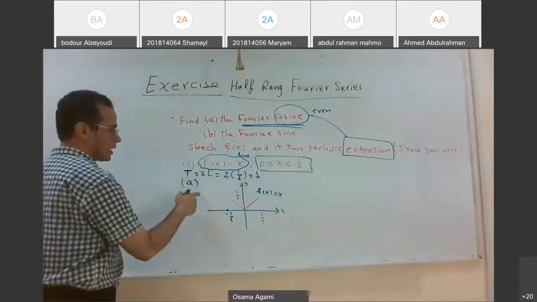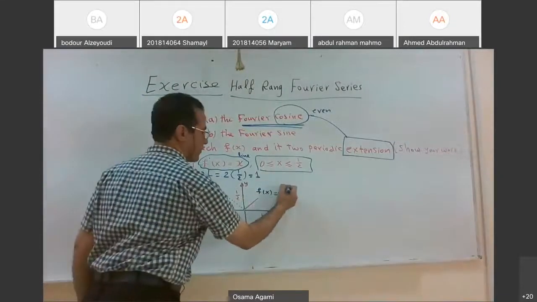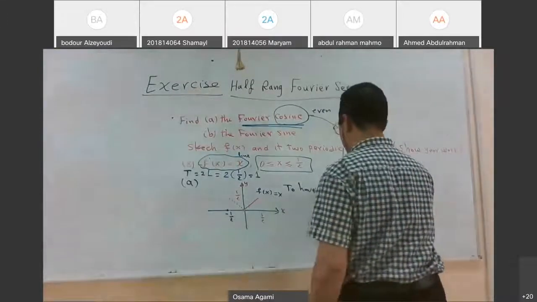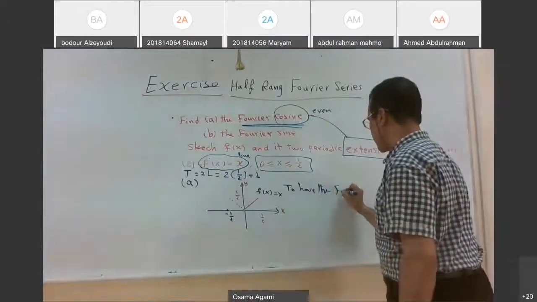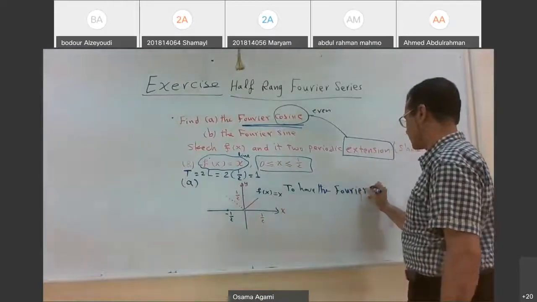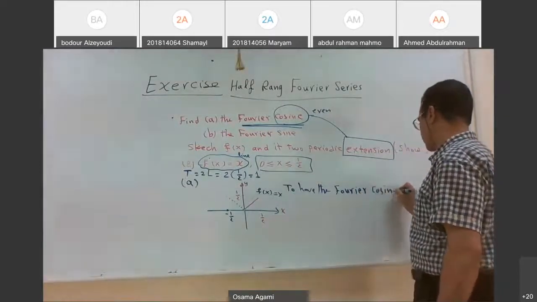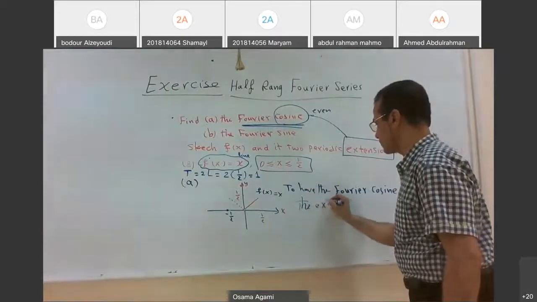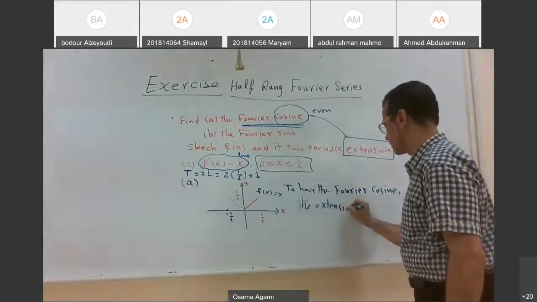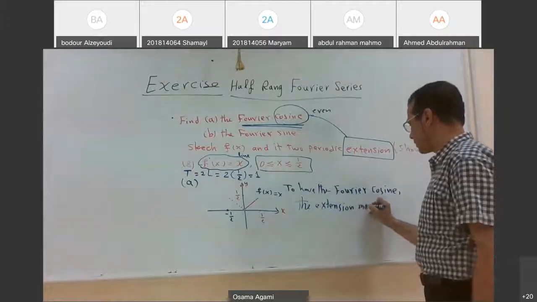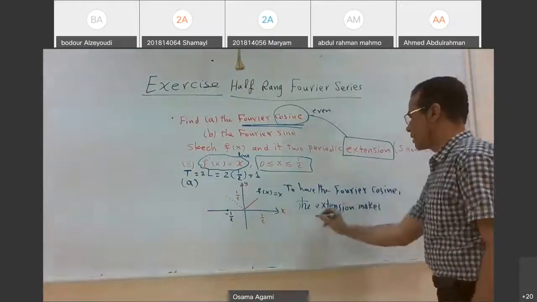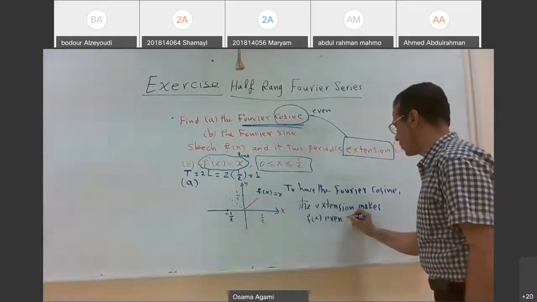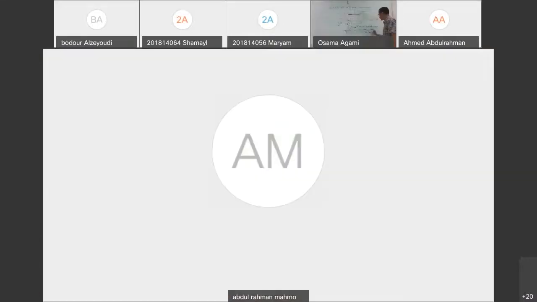So in section A, to have the Fourier cosine series, the extension makes f of x an even function, right?